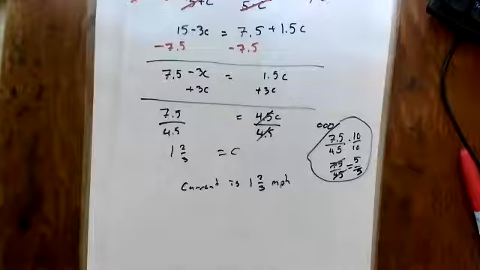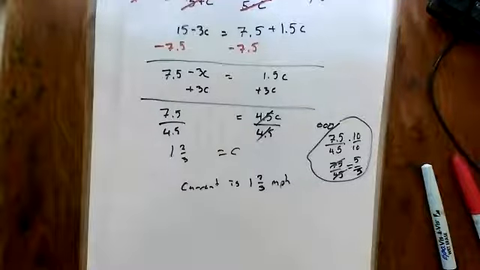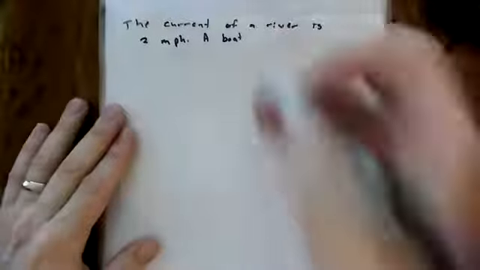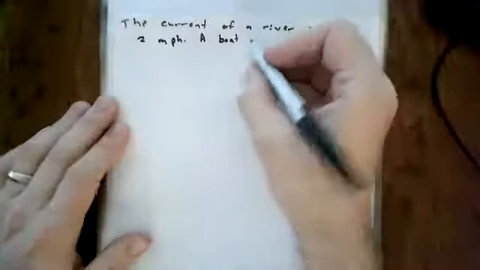And that's our basic process. Okay, let's move on to our next example. Current of a river is 2 miles per hour.